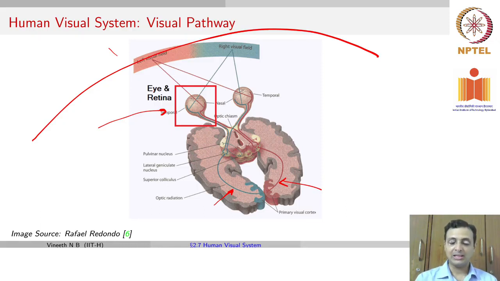The primary visual cortex is located at the back, and there are other components that the human visual system passes through, such as the pulvinar nucleus, LGN or the lateral geniculate nucleus, superior colliculus, optic radiation, and so on and so forth.